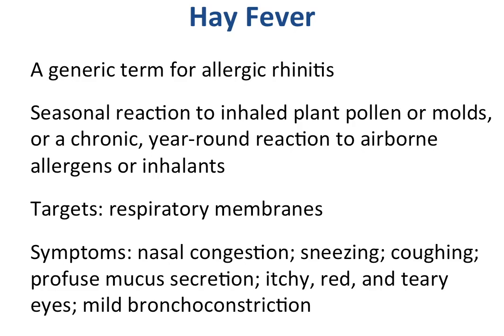This is a seasonal reaction to inhaled pollens, mold, or airborne allergens. The target tissue is the respiratory membrane. It can cause nasal congestion, sneezing, coughing, or profuse mucus secretion, and itchy, red, and tearing eyes.